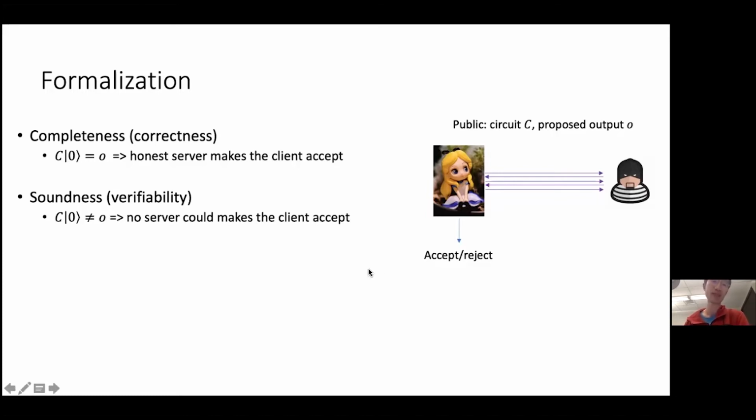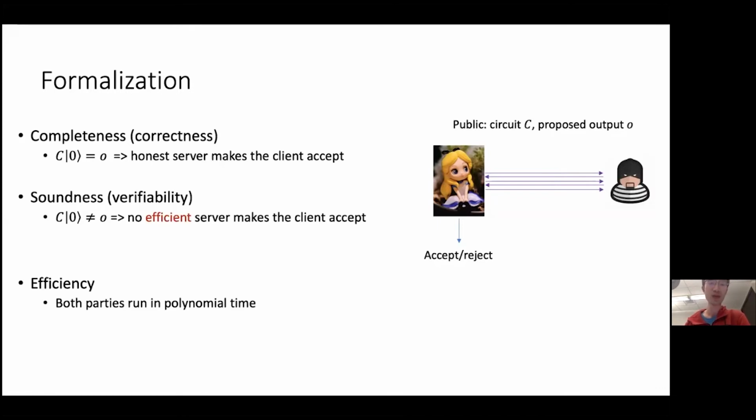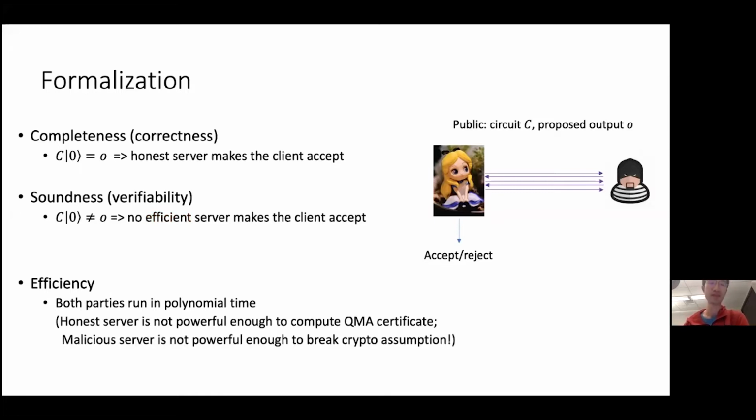And in our setting, motivated by practicality, we also want the efficiency requirement, which means both parties should run in polynomial time. Correspondingly, this has the following effects on this problem. On the one hand, only server is not powerful enough to compute a QMA certificate.